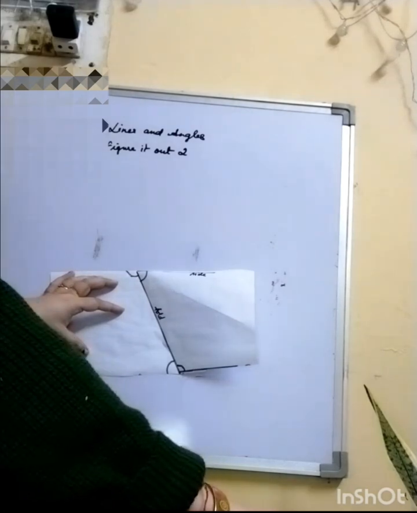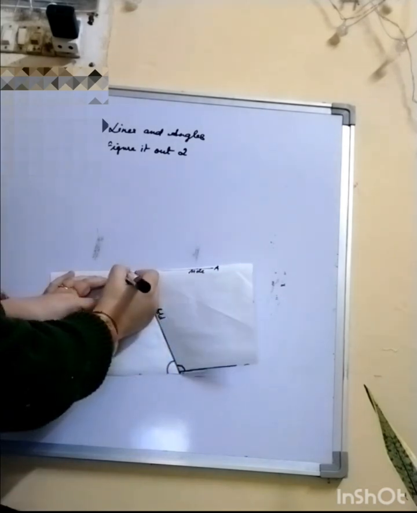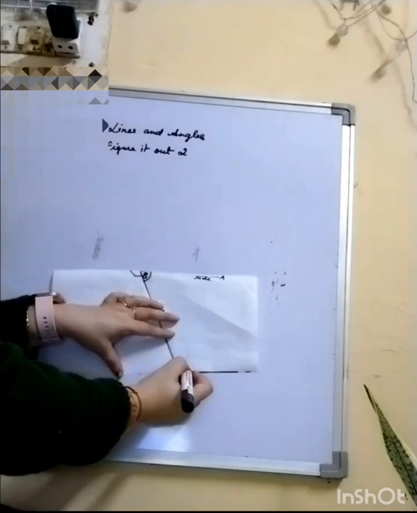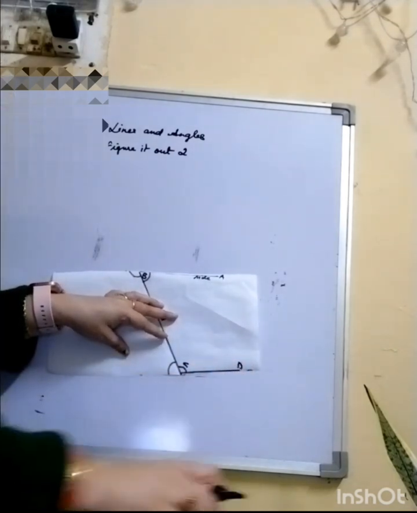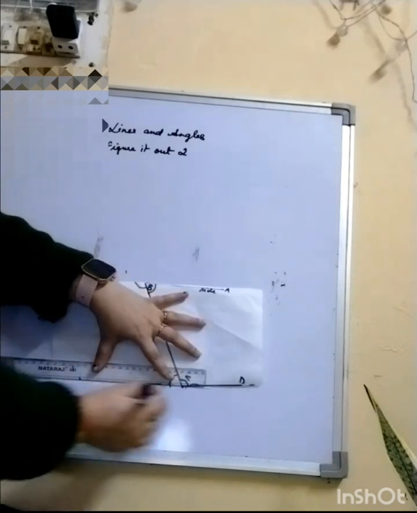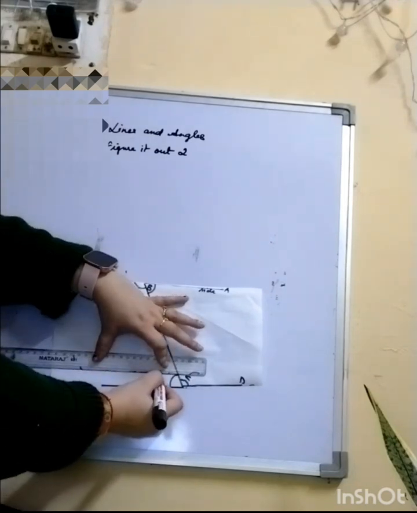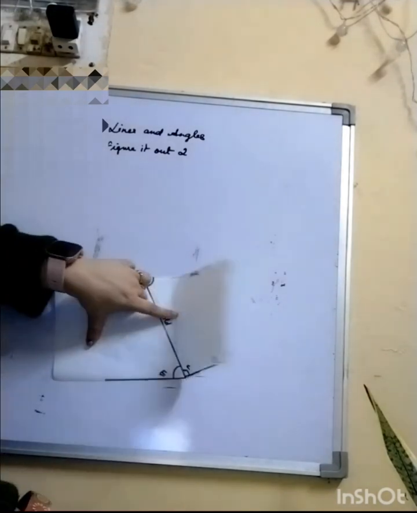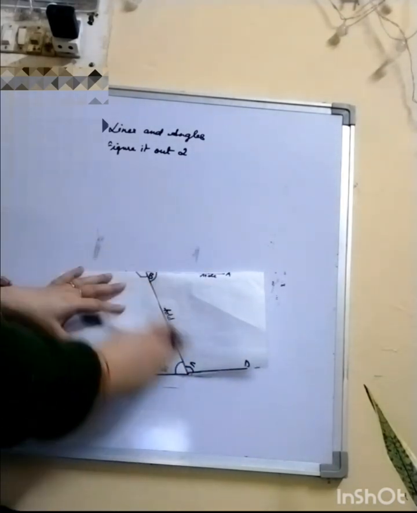Now let's mark this A, this is B, this is C, this is D, and we make a line over here also. This is E. So this is how you get the sides and the fold.